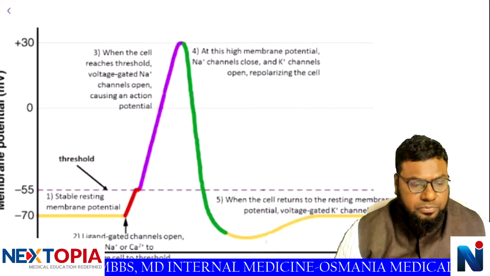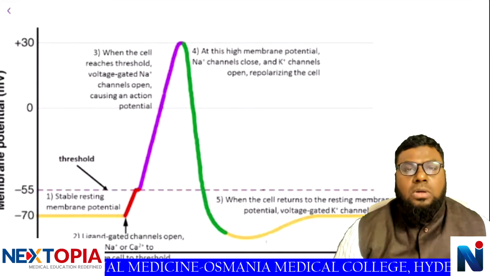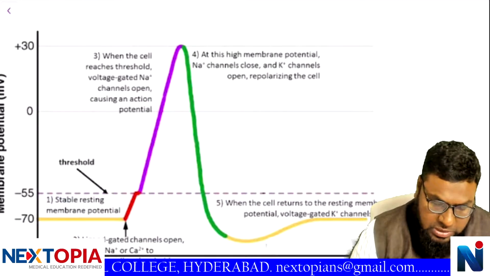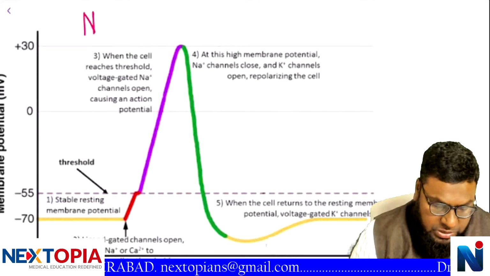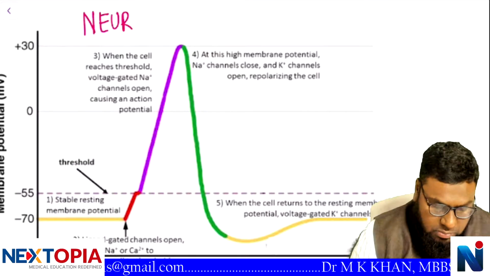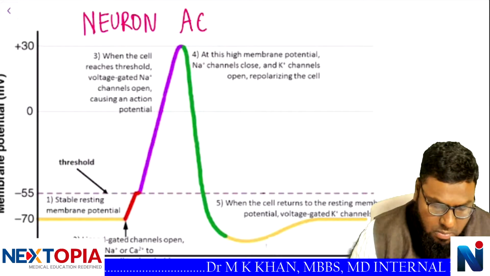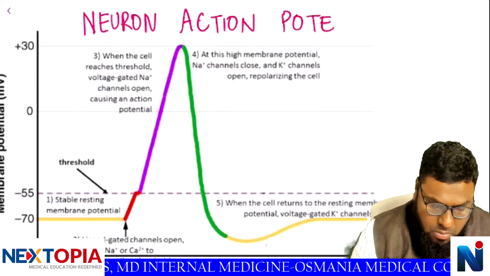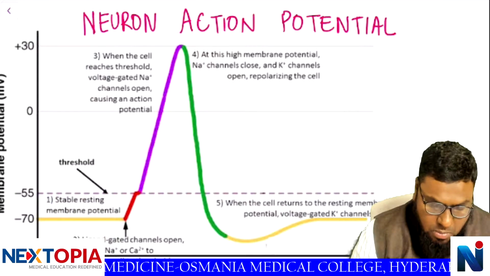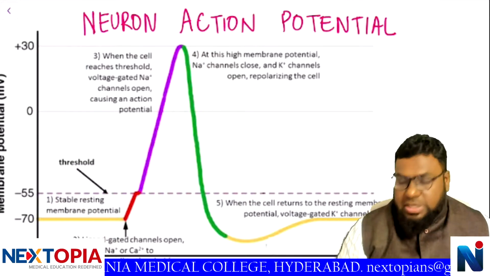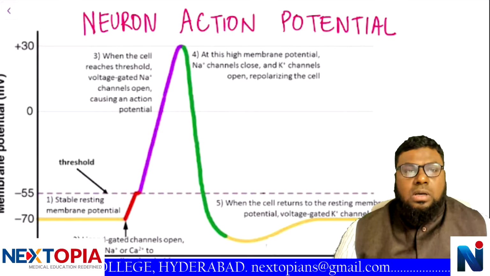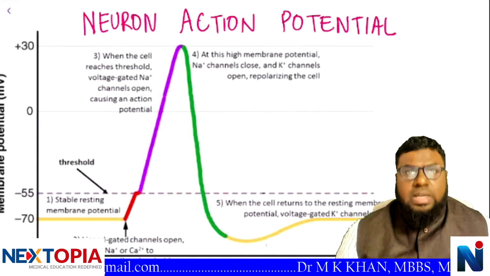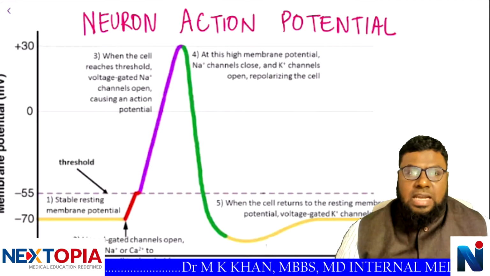So here we will first be discussing the neuron action potential. The neuron action potential helps us to understand the voltage gated ion channels, which I discussed in my last class.